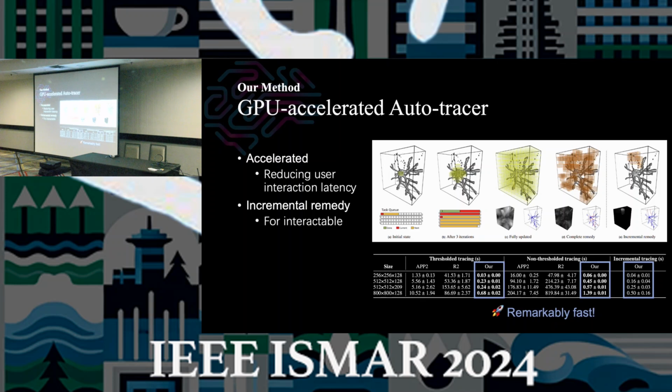Looking at the bottom right, the table compares the execution times of the initial reconstruction and the potential path calculation between the unoptimized methods and our algorithm. In addition, our algorithm also supports incremental calculation in partial image regions, resulting in further acceleration.